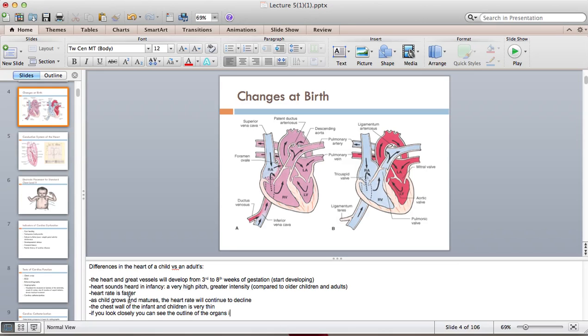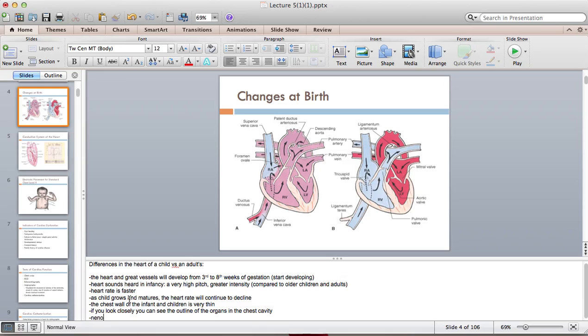Another thing is that in the neonatal period and infancy, their stroke volume, which means the force at which the left ventricle pushes blood into the systemic circulation, is not as effective or as efficient as it is in an older child or in an adult.